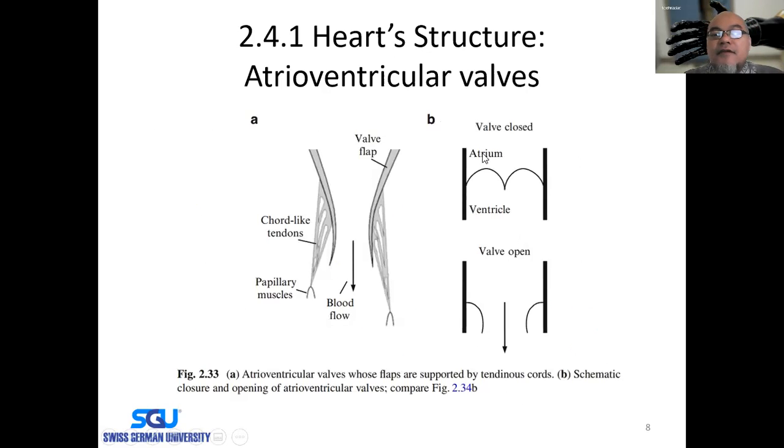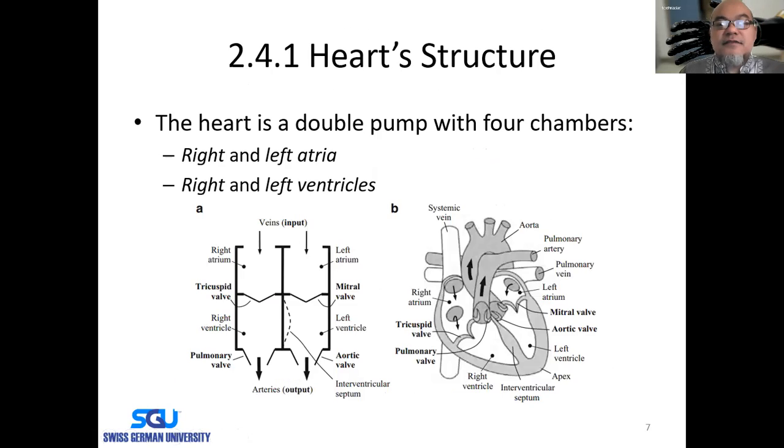So here, for example, when the valve is closed, the blood is contained within the atrium. And when the valve is open, blood flows from the atrium into the ventricle. So this is the atrioventricular valve. There are two types of them. The one on the right side, for the pulmonary circulation loop, between the right atrium and the right ventricle, is called the tricuspid valve. Why is it called the tricuspid valve?